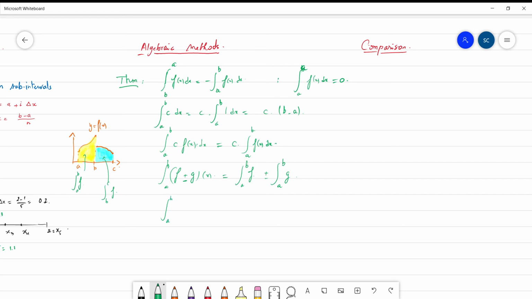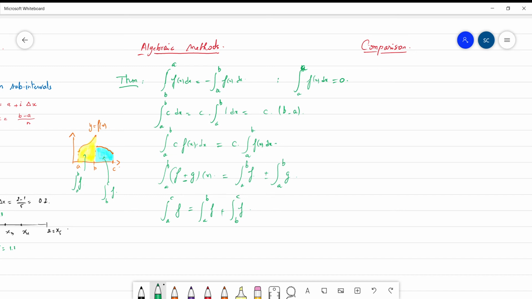This is what we are writing here: the integral from a to c of f is equal to the integral from a to b of f plus the integral from b to c of f. So these are my algebraic operations, very helpful to deduce things depending on the problem we have.